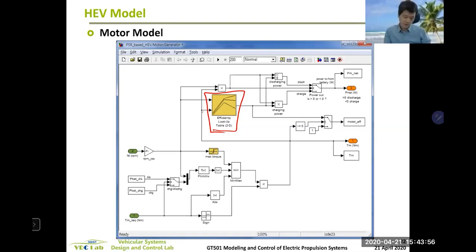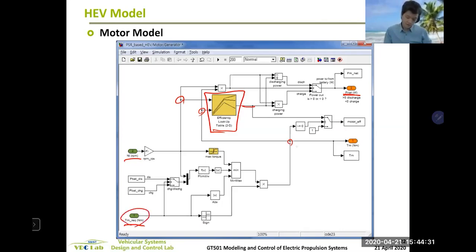So you take speed and torque and you compute efficiency to compute how much electrical power is needed, okay?